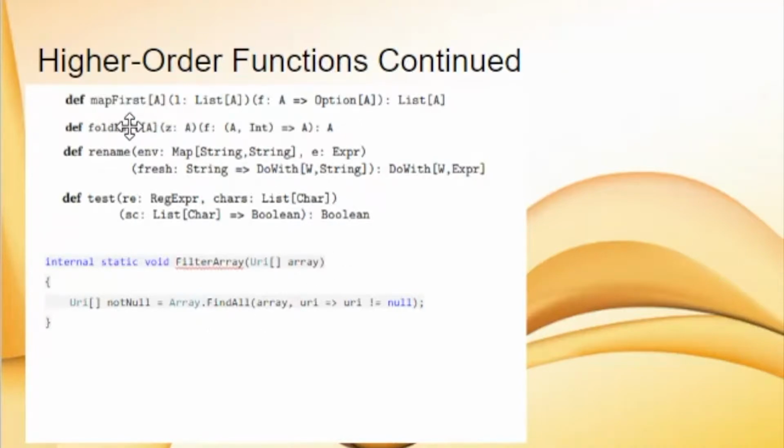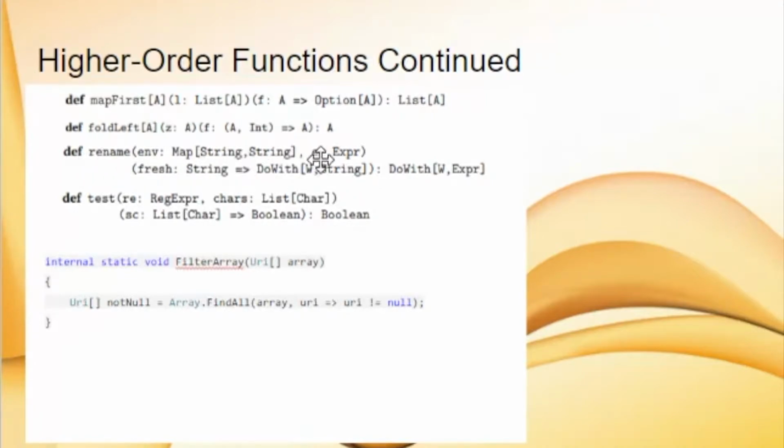So looking at these, we can see that in map first, there is the function being passed in as a parameter where some type A is being evaluated to some option of A. Similarly, in fold left, we can look through these and see our function parameter here, where as parameters we are passing in some type A and some integer to evaluate to some type A. Again, rename.